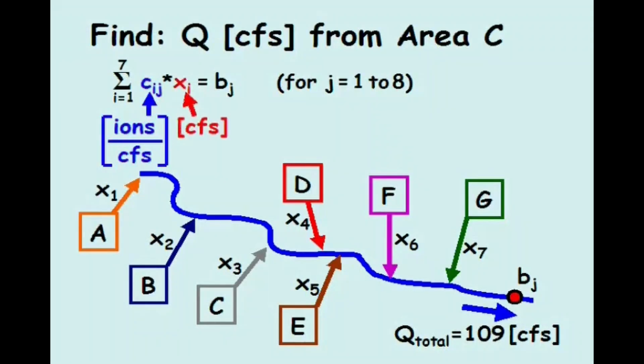As mentioned previously, the values of x represent the runoff flow rate and are in units of cubic feet per second. These x values are the decision variables. Bj is the total quantity of ion J found in the combined stream flow at the sampling site at the bottom of the reach.